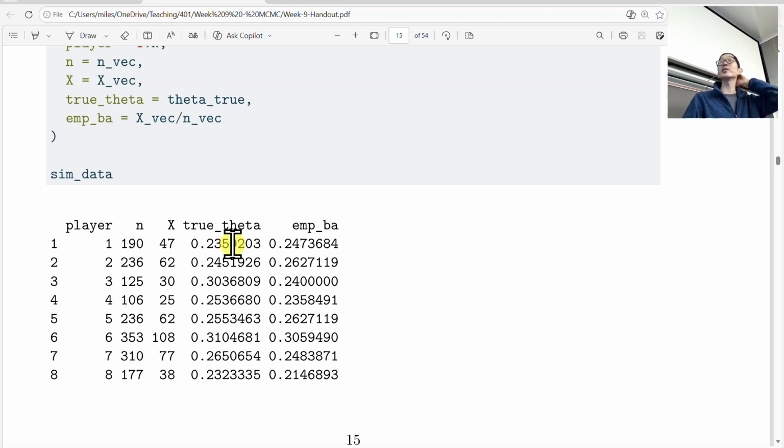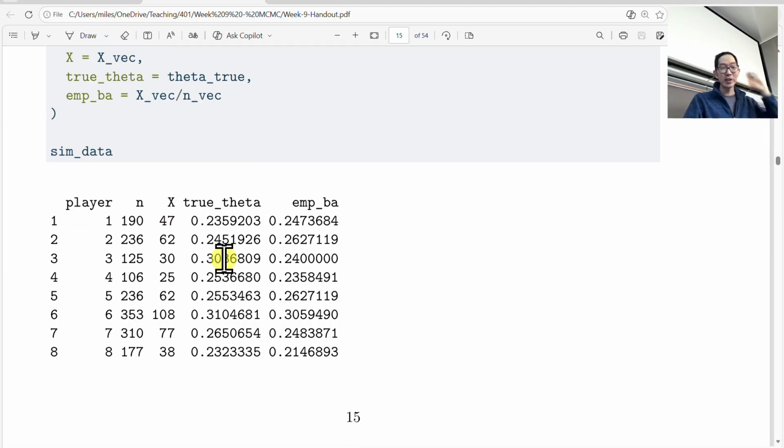So this player's true value of theta is this, but we can only get an estimate based on their hits. And so some players, like this player, actually have a pretty high true value of theta, but for whatever reason, their batting average when they performed wasn't so great. They only got a batting average of .240.